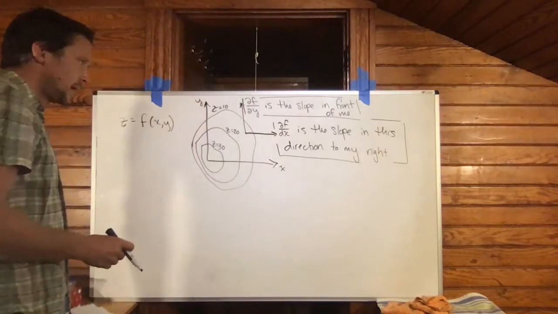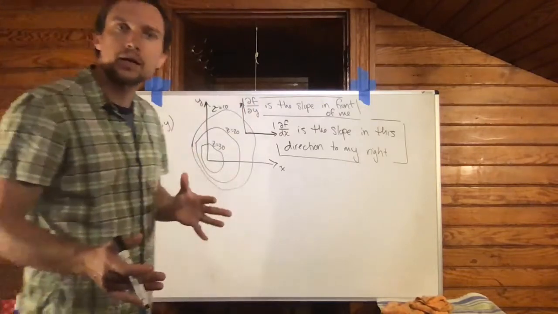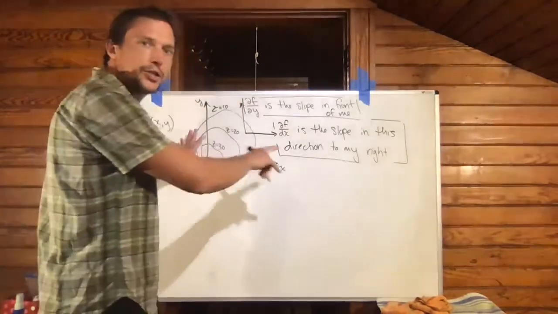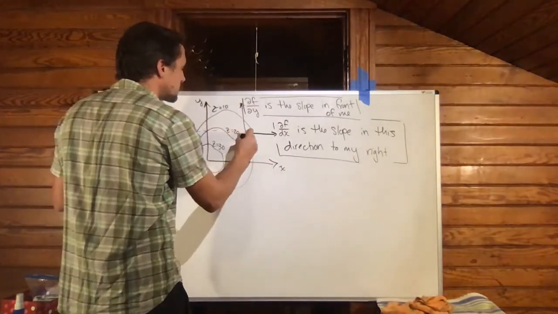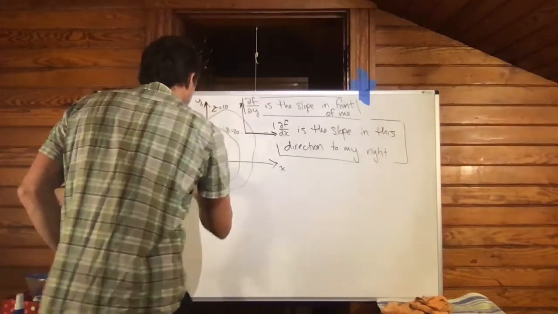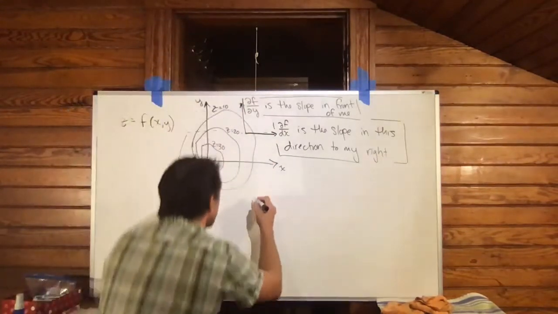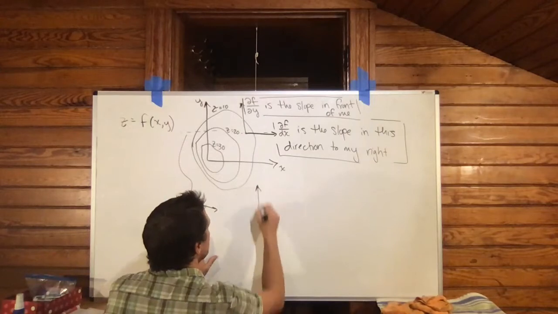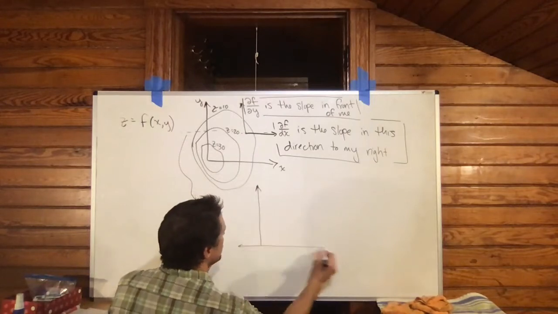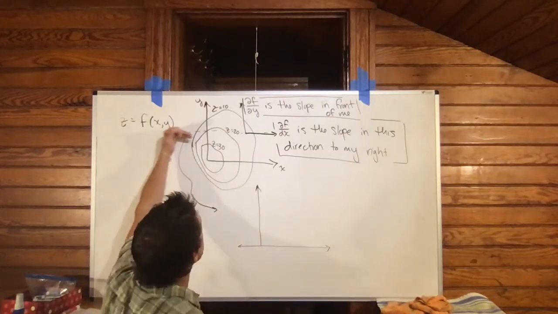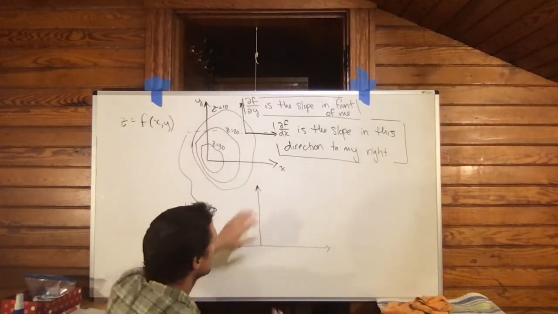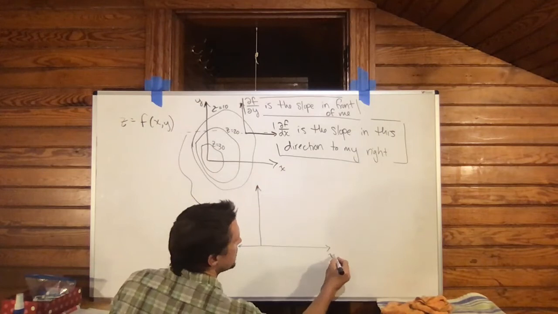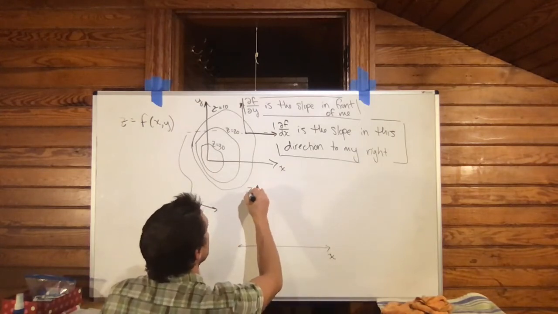Another way to think about it is imagine I'm taking a slice through this. So let me draw that. Here's this slice through my function. If I take a slice here, I'm fixing y equal to a constant, then I'm going to have x on one axis and z on the other.